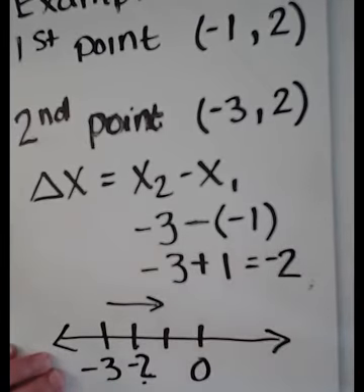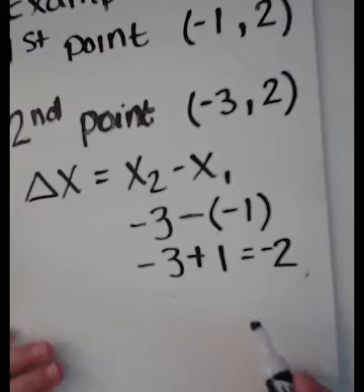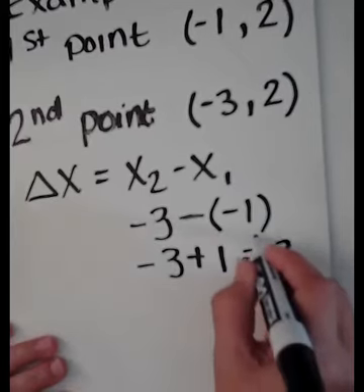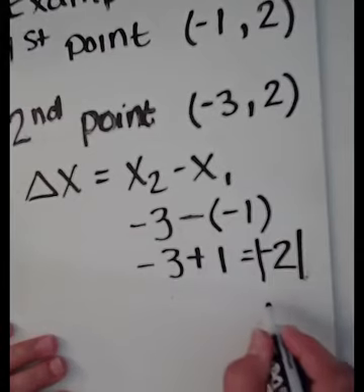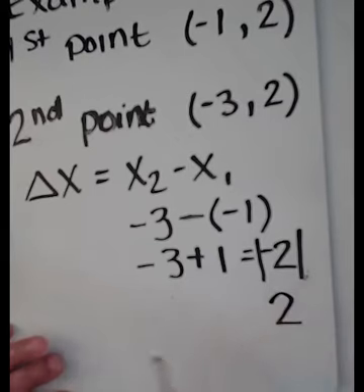Okay? Since we're talking about a distance, we need to use the absolute value of negative 2 to find the distance. The absolute value of negative 2 is 2. The absolute value is asking about the distance between the number and 0.